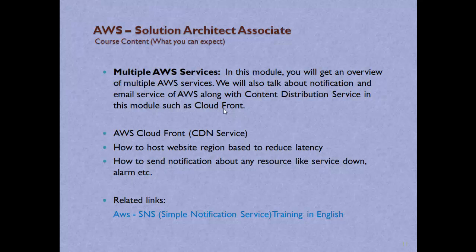Like if you are sitting in Australia and you are accessing a server from India, there will definitely be much latency. So there are mechanisms, or cloud providers provide such facilities, where they can host your web server or your service in the Australia data center itself, so that an Australian user doesn't need to come to India or any other region like the US region.